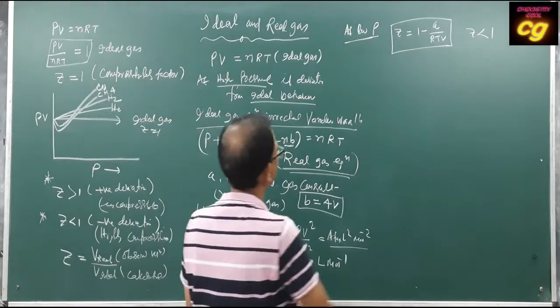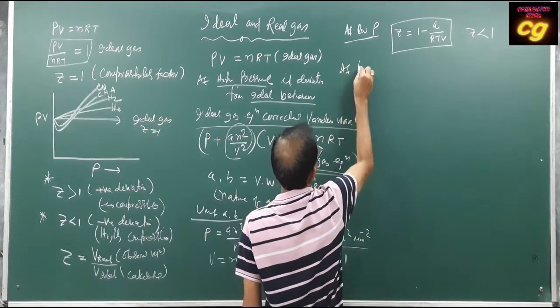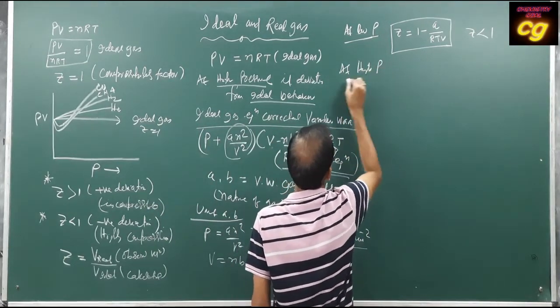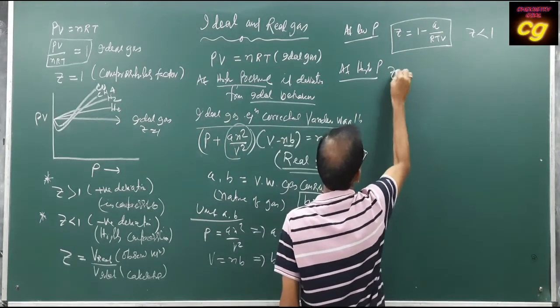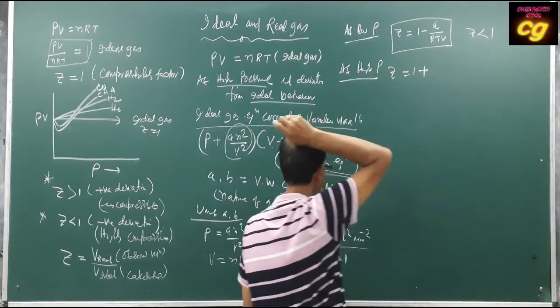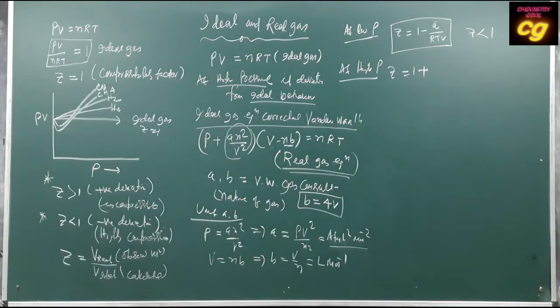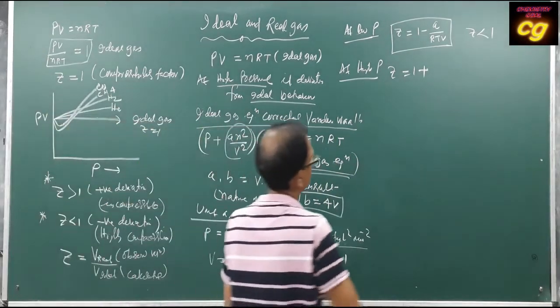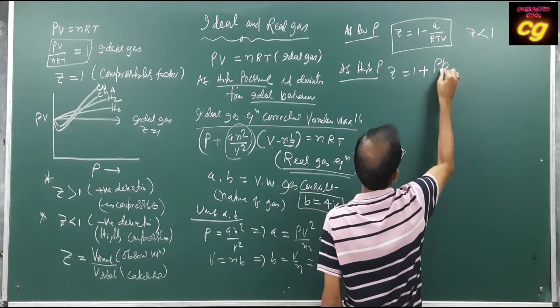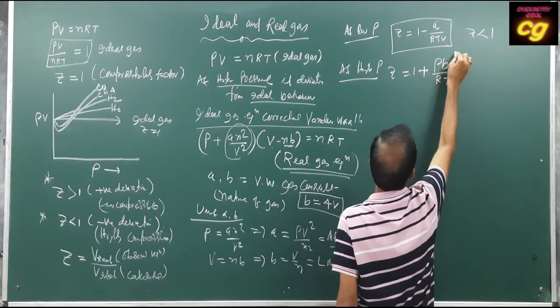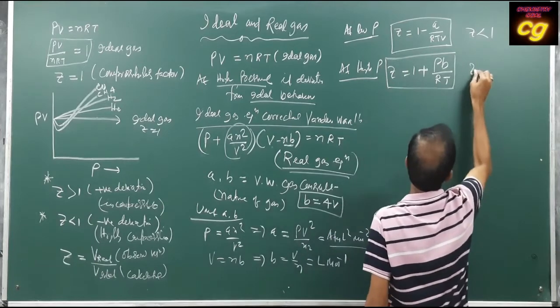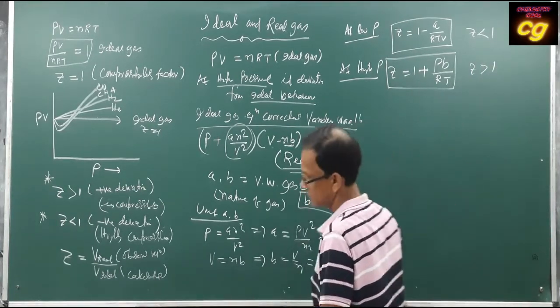But at high pressure, when pressure is very high, Z is equal to 1 plus Pb by RT. That means here Z is greater than 1.